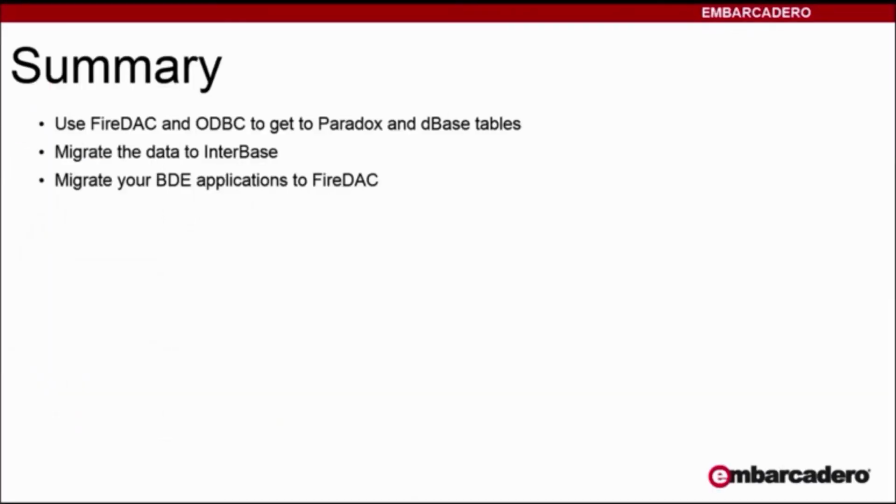application. So to summarize, you have a couple choices. You can use FireDAC and the ODBC bridge to get to your Paradox and dBase tables and build your applications with FireDAC. You can migrate your Paradox and dBase data that you were using with the BDE to InterBase using something like the Clever Components InterBase Data Pump, or you can write your own applications if you install the BDE to read those tables and write the data out to InterBase.